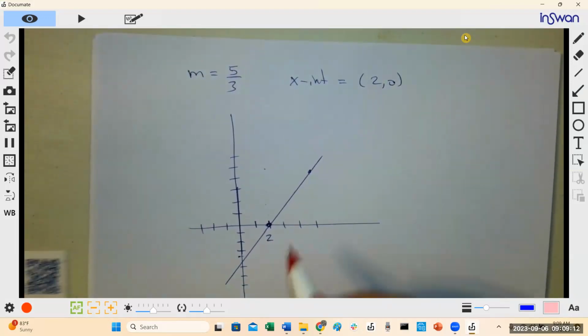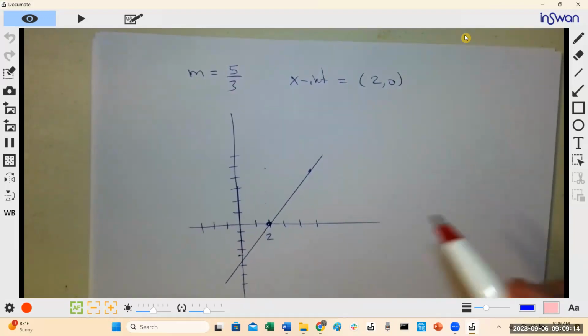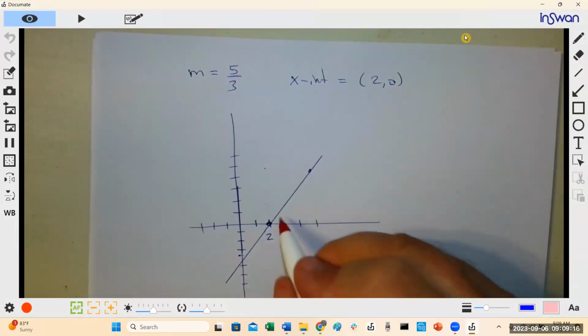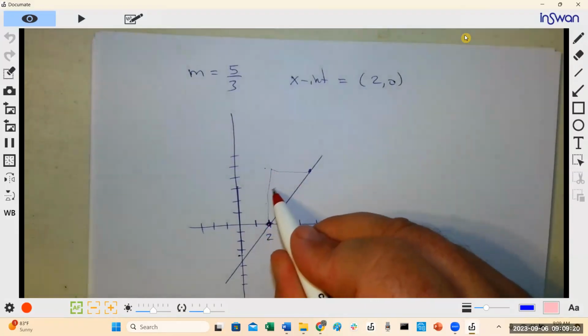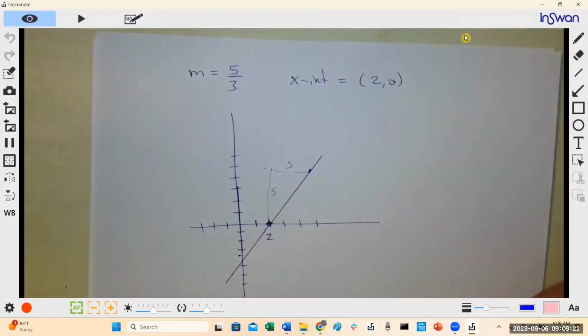It's some weird number. So there's our graph. We found a point, and from that point we went up 5, over 3. That's our slope.